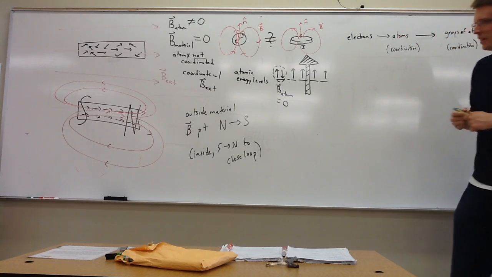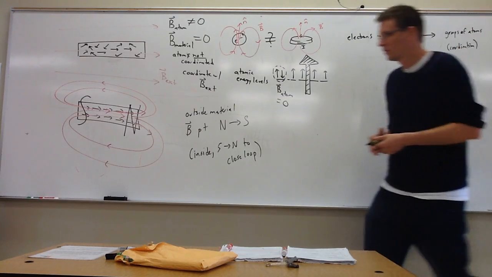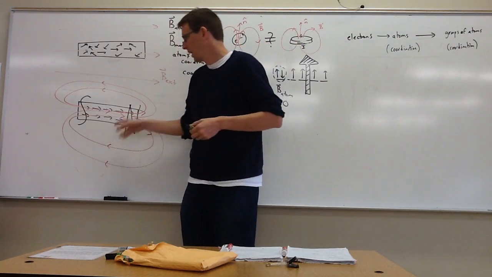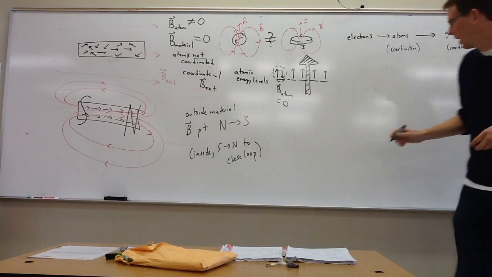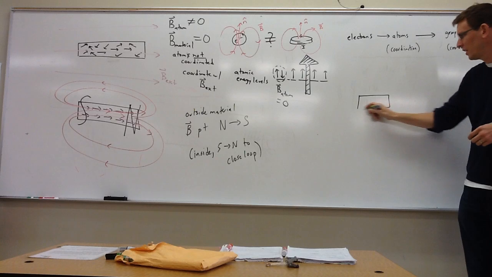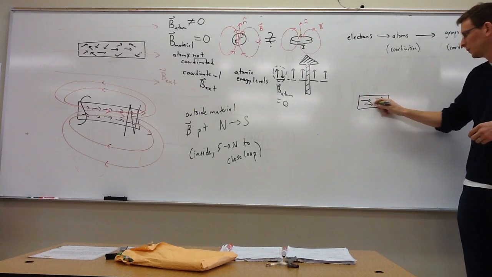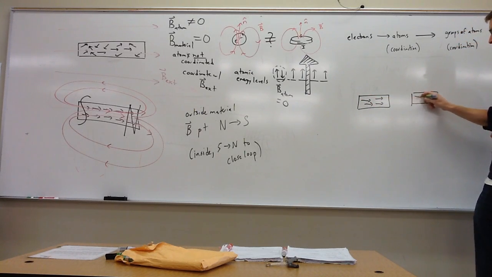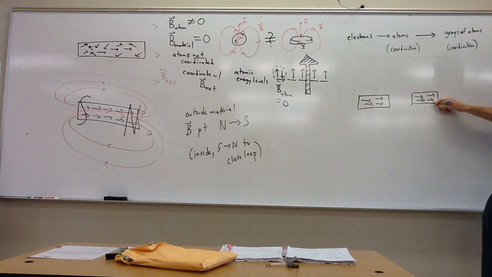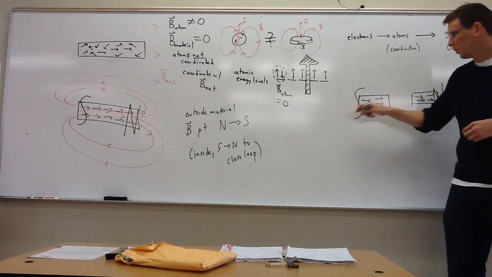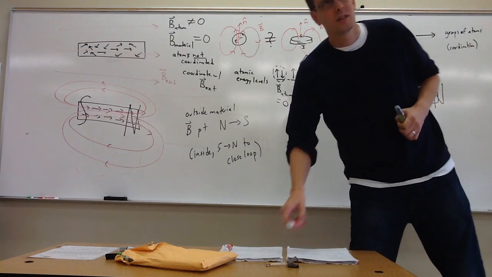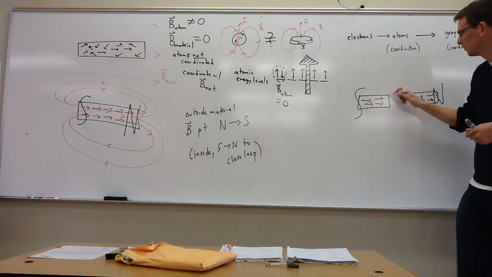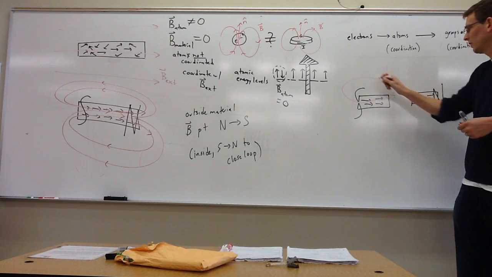So you might say, well, what do you mean? Can I just chop this magnet in half and take away the North Pole and take away the South Pole? Well, what happens if you chop it in half? You have this. This was your old North Pole, this was your old South Pole. But guess what? You just made two new poles, okay? Because the magnetic field of this now looks like this.